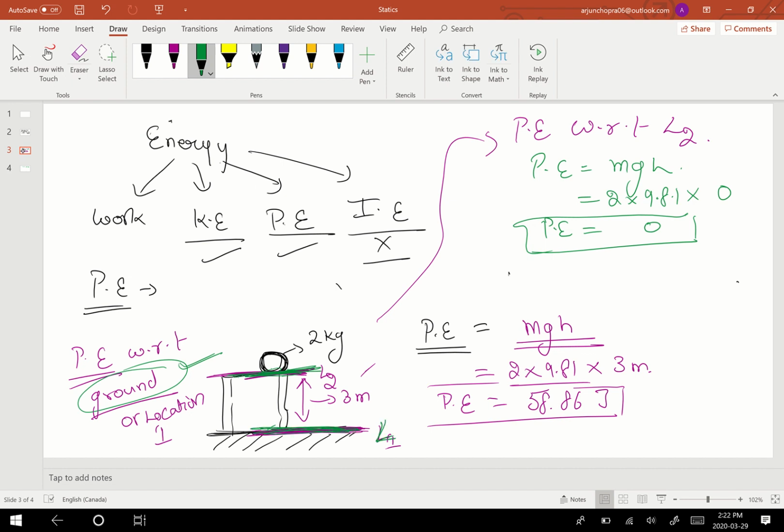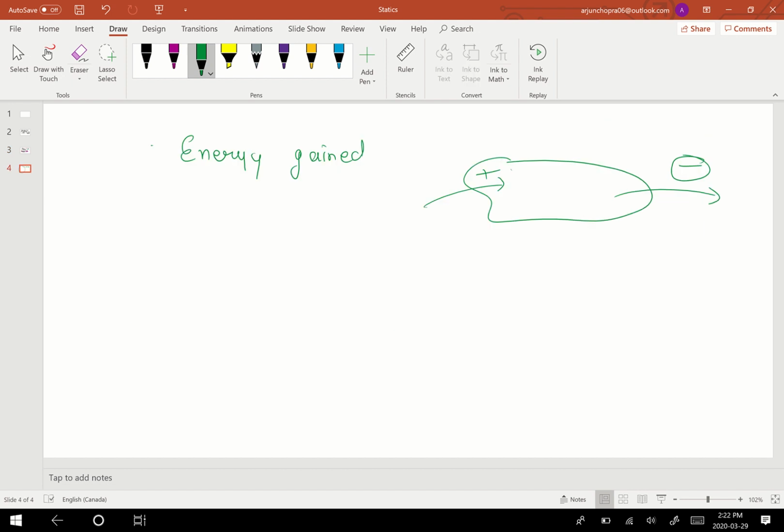So in the question which we just did, this was location 1. Let's suppose the object, I'm going to go to the next page, is right now placed on this ground, and then in the second instance I take this object and place it over here. So what's happening? Is energy gained by the object with respect to location 1? You will say yes, the energy has been gained by the object. So that's why we will consider it as a positive value.